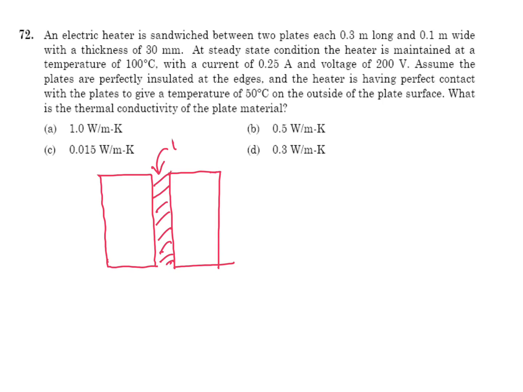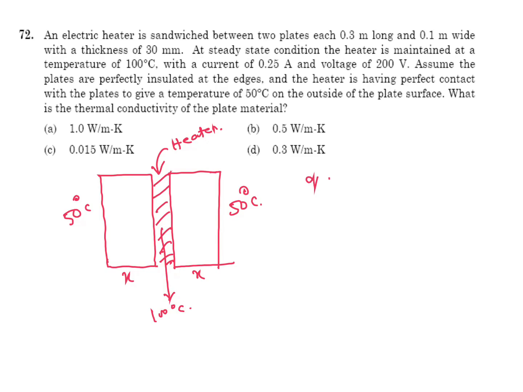Thickness is X. Here plates to give temperature of 50 degrees Celsius. Both sides 50 degrees Celsius. Inside 100 degrees Celsius. So this area is 100 degrees Celsius. Thermal conductivity we have to calculate. Q equal to K delta T by delta X.